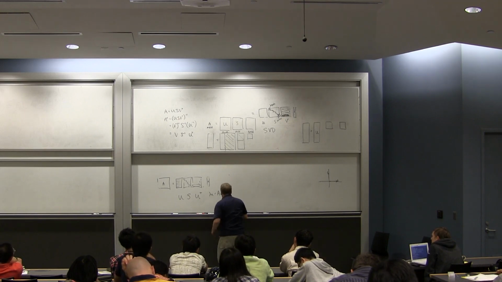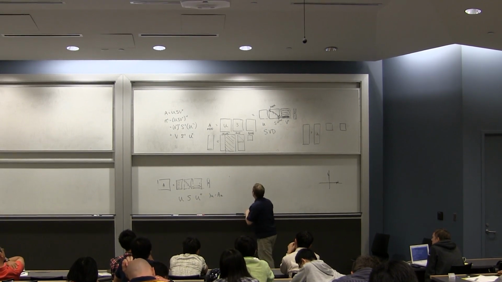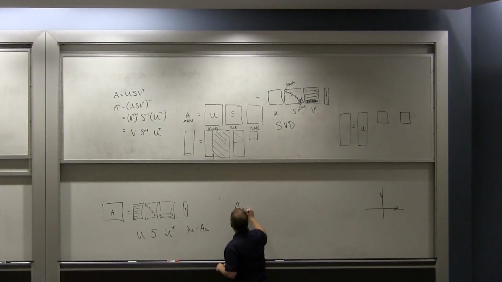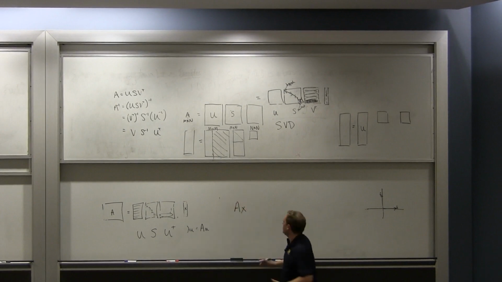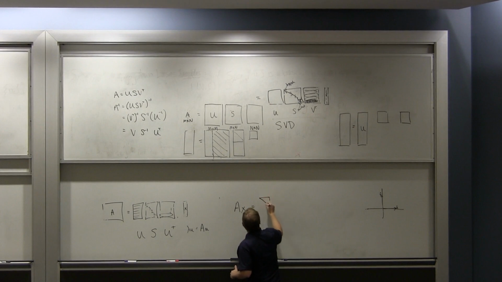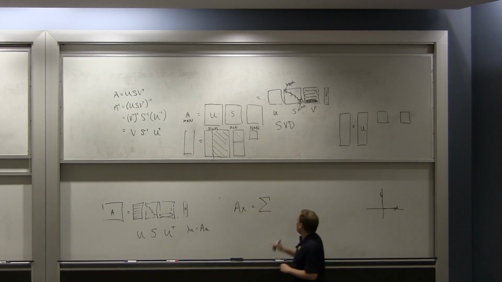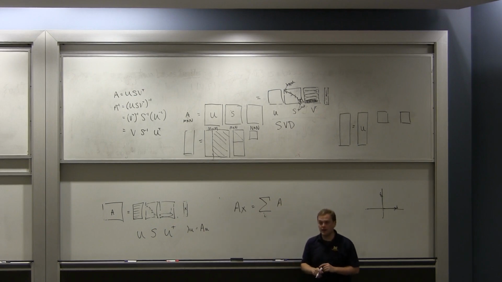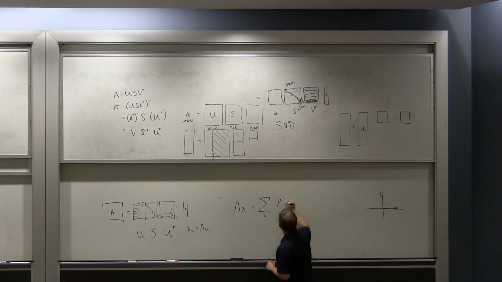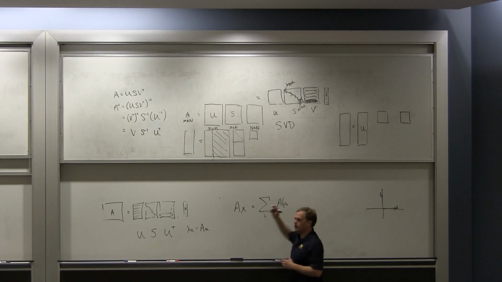Okay, so can we write that out in equation speak? A times x, here's x, the vector that's not an eigenvector, is going to be the sum, considering all of the eigenvectors in the system, of A times u sub i, times the projection of this guy onto u sub i.